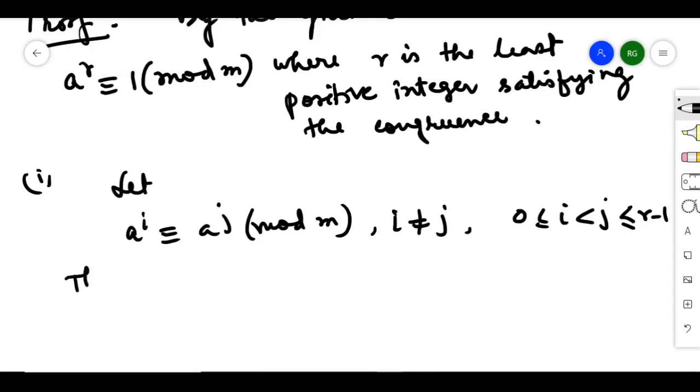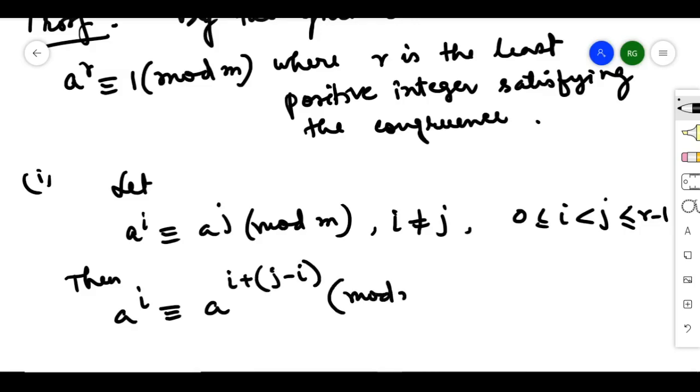Then we have a to the power i is congruent to, I can write a to the power j as a to the power i plus j minus i, mod m. And from this expression it is clear that j minus i is greater than 0, because i is strictly less than j.